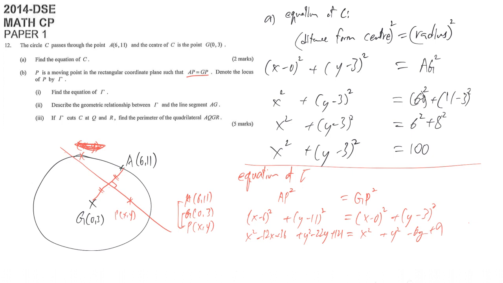You'll find that both sides have x squared and y squared. Both sides minus x squared, both sides minus y squared. And then we rearrange so that all the terms are on the right-hand side.